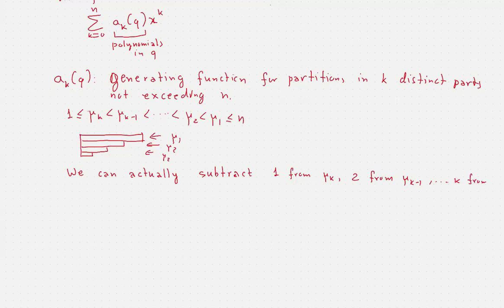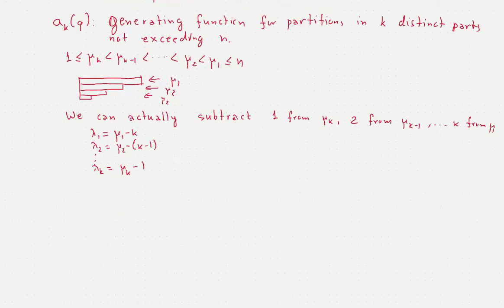Obtaining this way numbers, so let's write them as lambda1 will be mu1 minus k, and lambda2 will be mu2 minus (k-1), all the way to lambda_k, which will be mu_k minus 1. And we obtain these new numbers that correspond.